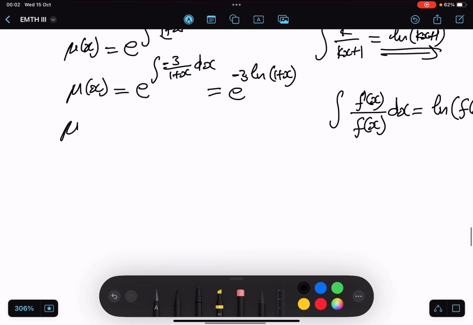So our integrating factor u(x) is e^(-3 ln(1 + x)).